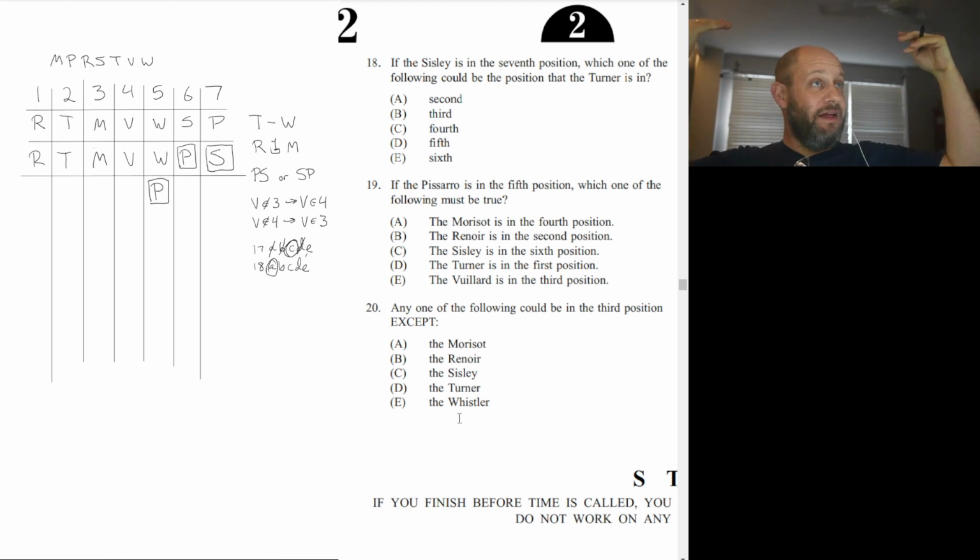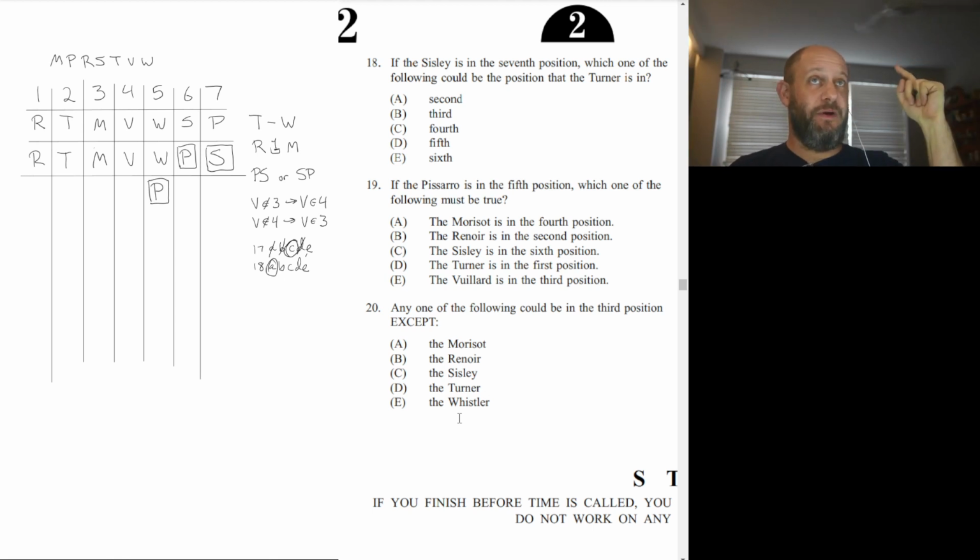So I'm going to learn my lessons from the combinations above me. Now I've got P in a new position. I've never put it before. But I'm going to look up and I'm going to say, you know what? I bet if I put S sixth and W seventh and leave R, T, M, V the way they always had been, I'm probably not going to break any rules, and I'm going to double check it.